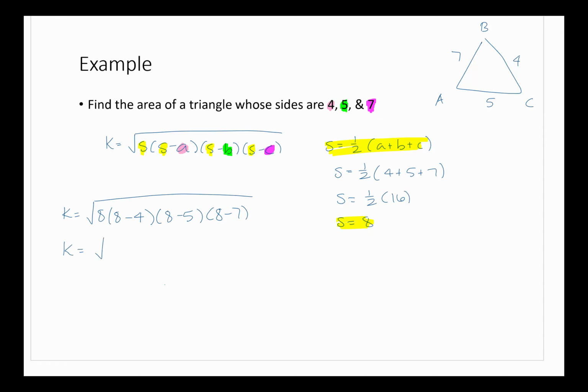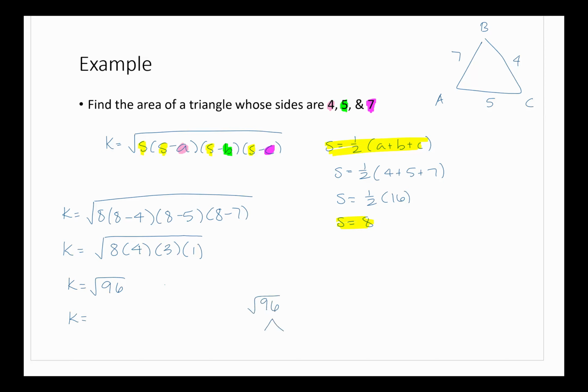So K would be equal to 8 times 4 times 3 times 1. When I multiply all these together, I get 32 times 3 times 1, that's 96.